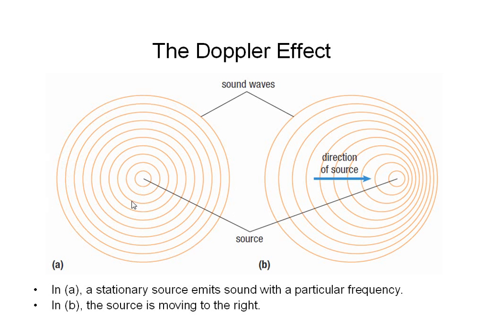Because the wavelength of your sound is equal everywhere. Okay, this is the sound wave, for example. This circle is a wave, a peak of a wave, and the distance between a peak and another neighboring peak is the wavelength, right? So the wavelength is the same everywhere.